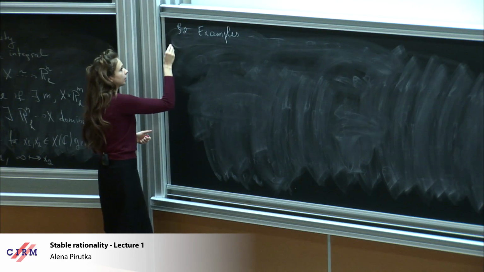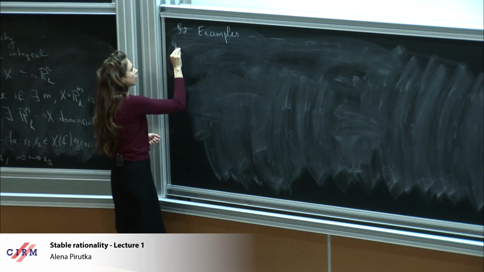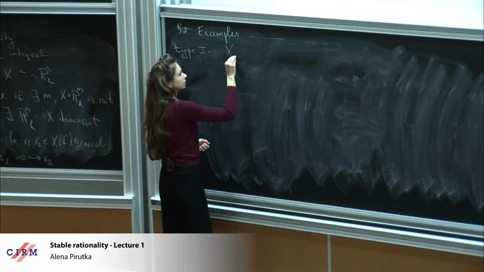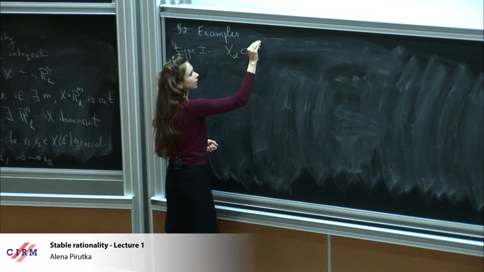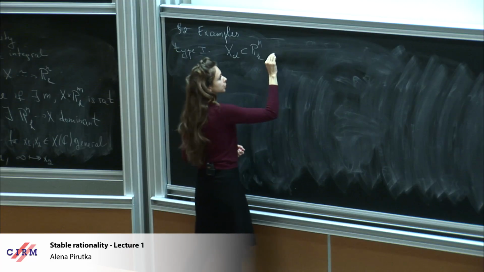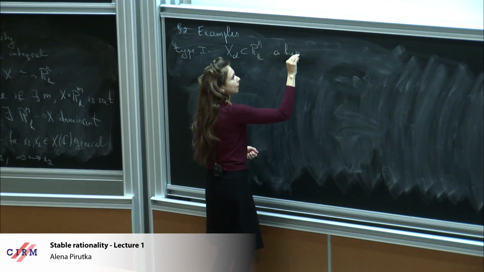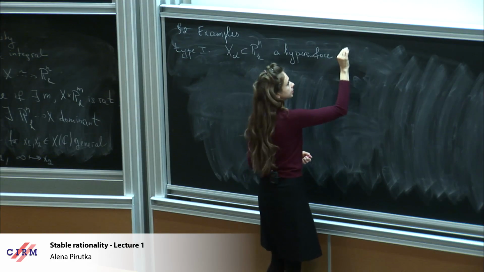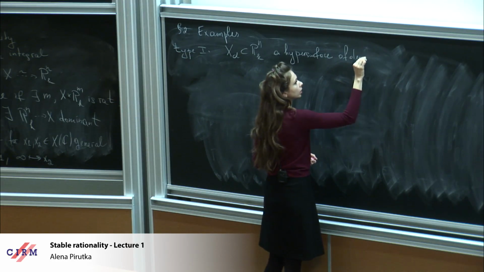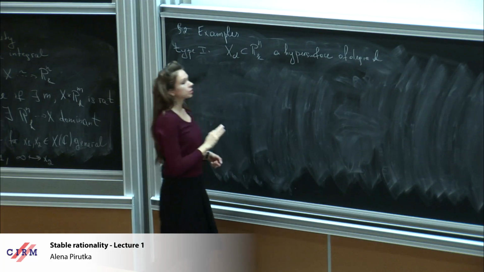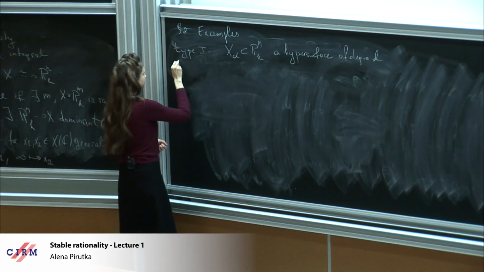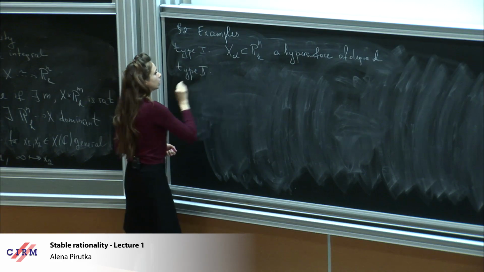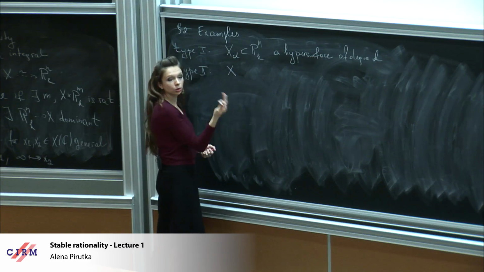So let me then fix notations. Type 1: by X_d in P^n_K, I will usually denote a hypersurface of degree d. Very often it's going to be smooth, but I'll make it precise when needed. And type 2, quadric bundles.